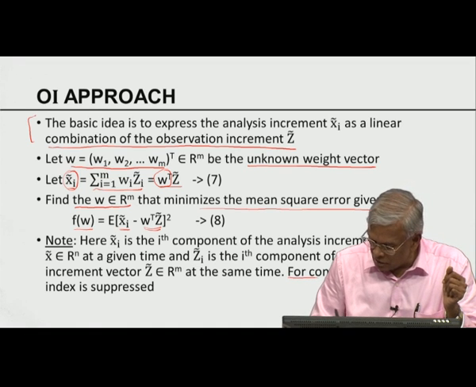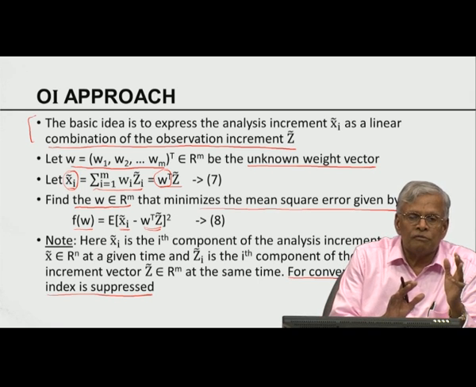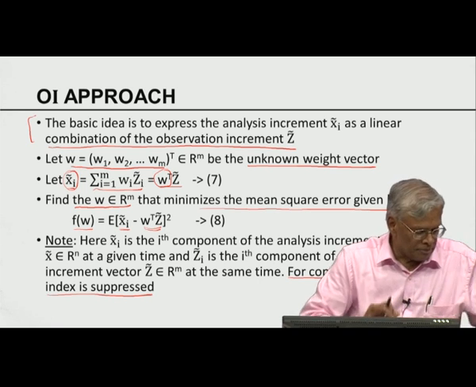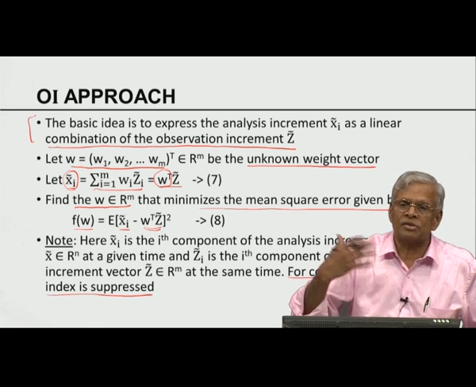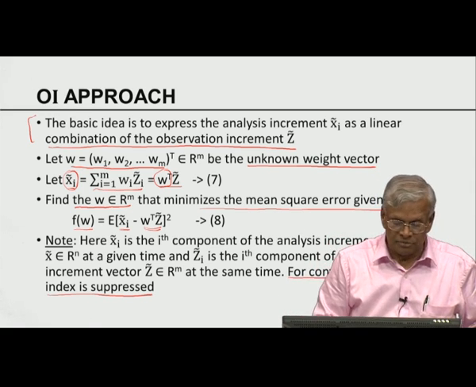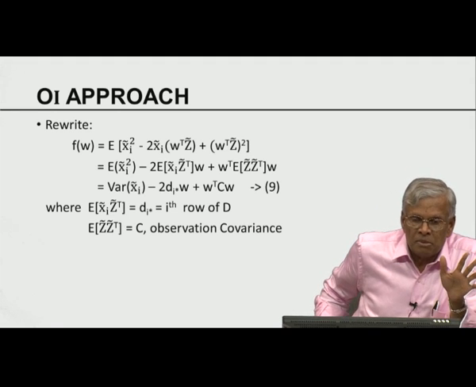For convenience we have suppressed the time index because we have fixed the time. This is an analysis being done at a given time. So if you have a subroutine that can do this, I can repeatedly use it for various times. I hope the formulation of the problem is clear now.